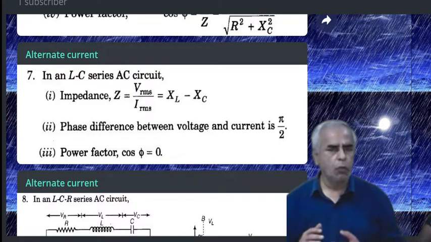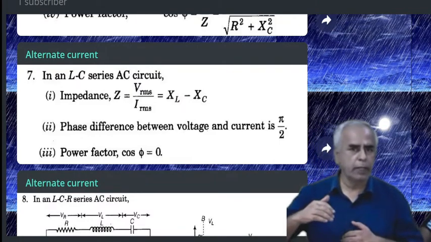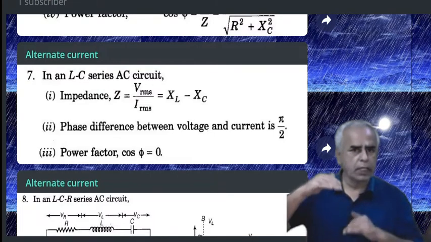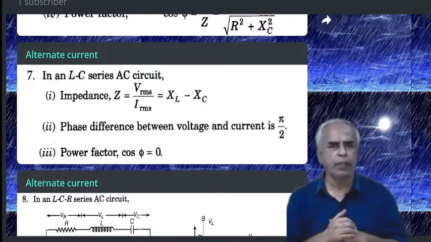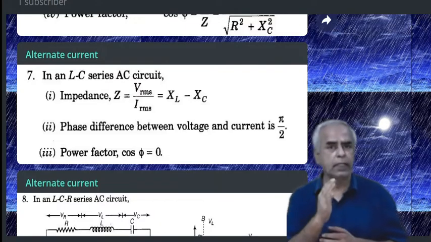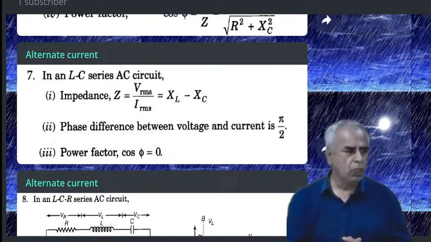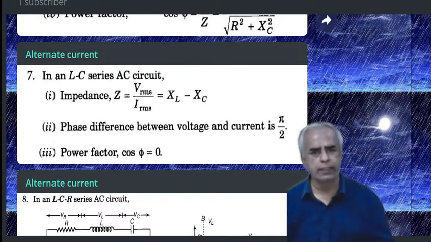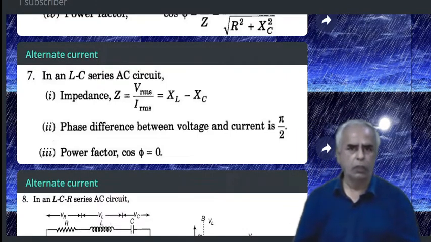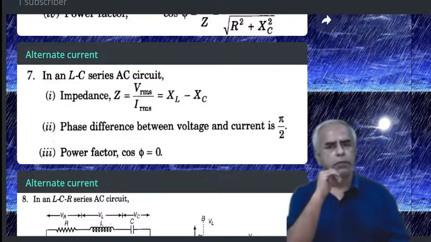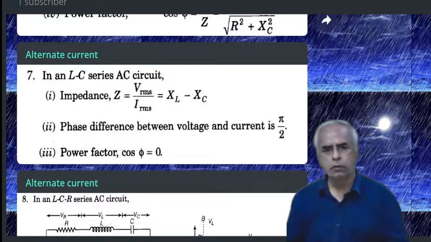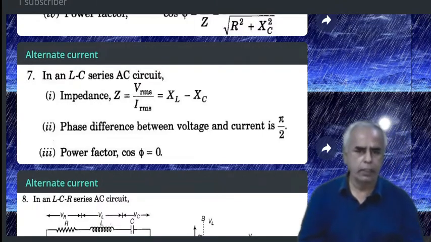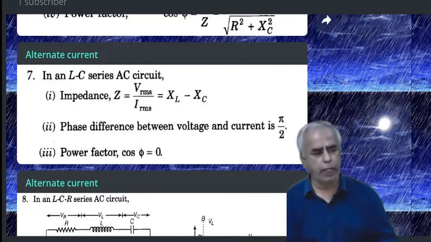So this is why there is a minus, because the phase difference between XL and XC is 180 degree. So they travel in opposite directions, and that is why you are able to get XL minus XC. Got it? And with respect to R, the angle between voltage and current is pi by 2, 90 degree.